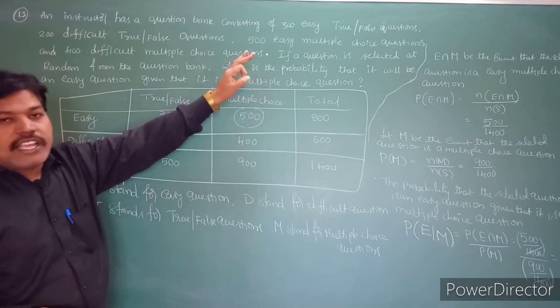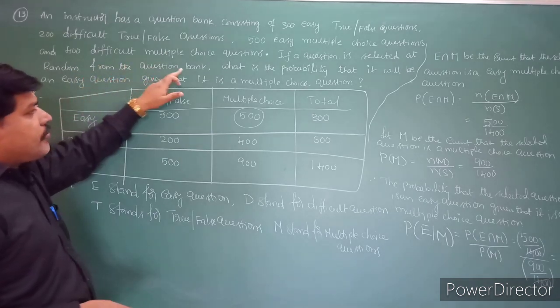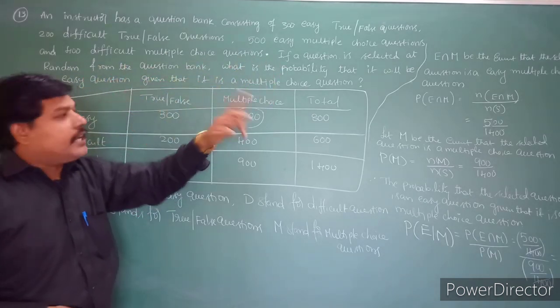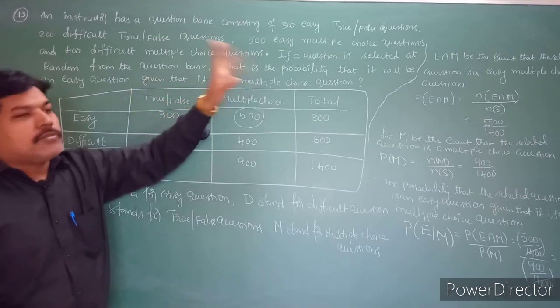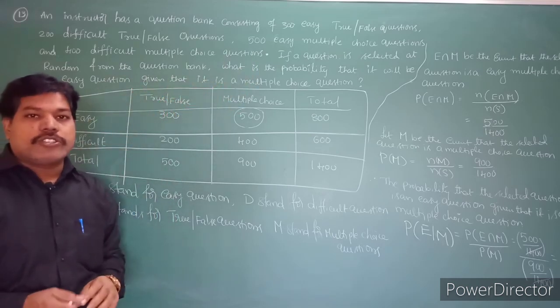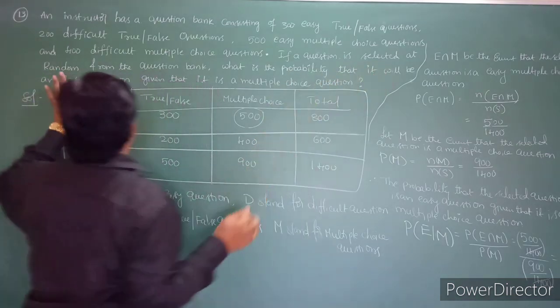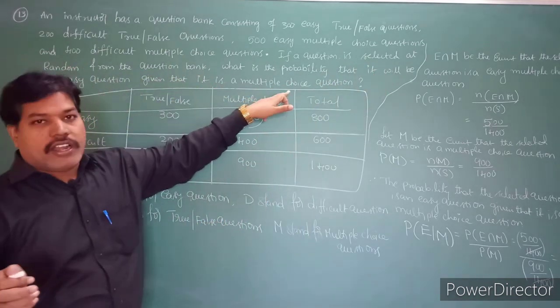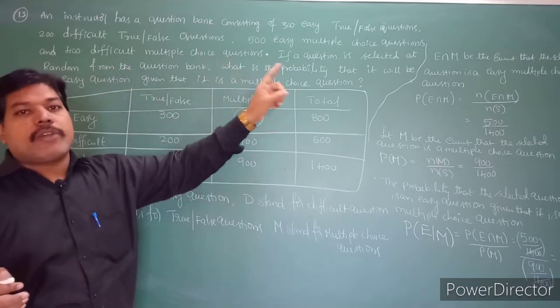If one question is selected randomly from the question bank, what is the probability that it will be an easy question given that it is a multiple choice question? Here this is E and this is F, and they are asking the probability of E given F.